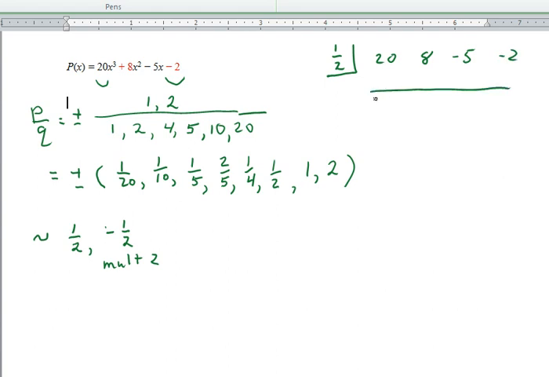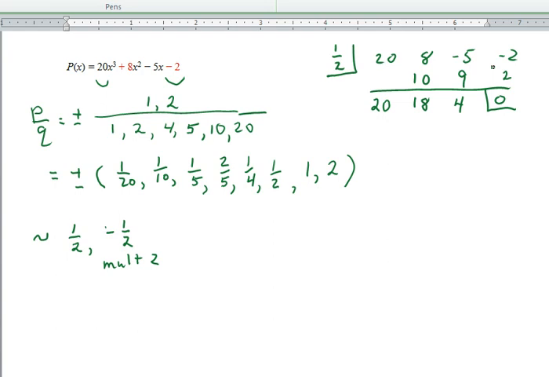First of all we copy our 20 because it will be the leading coefficient in the quotient. Then half of 20 is 10. 10 plus 8 is 18. Half of 18 is 9. 9 plus -5 is 4. Half of 4 is 2. And we do, in fact, get a remainder of 0.